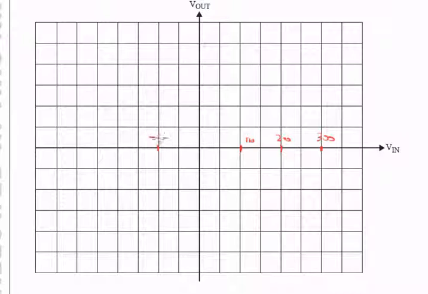This is going to be my minus 100, minus 200, and this is my minus 300. Here's my 5, here's my 10, here's my minus 5, here's my minus 10. Do it in green so we can really see it.